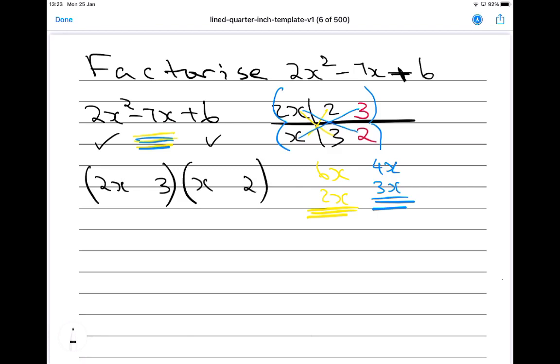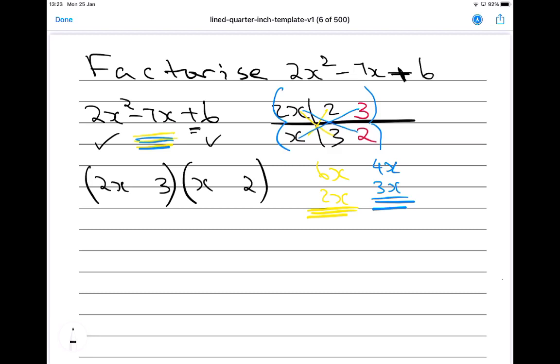I'm not doing the signs yet. I'm coming back to the signs. Now let's go back to the question and put in the missing signs. It says plus 6, which means the two numbers, the 3 and the 2, should be multiplied and give us a plus 6.